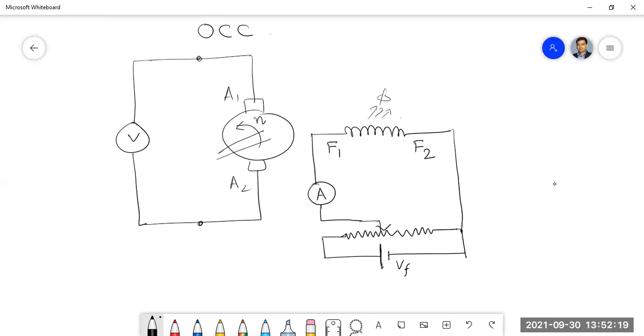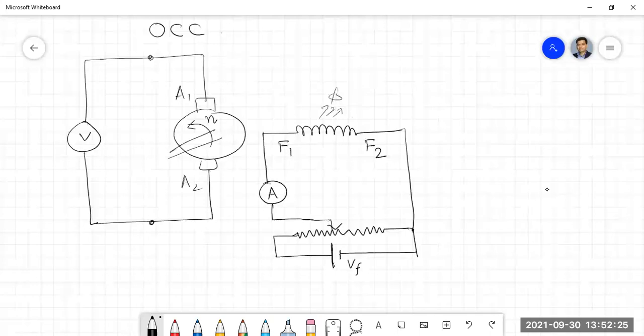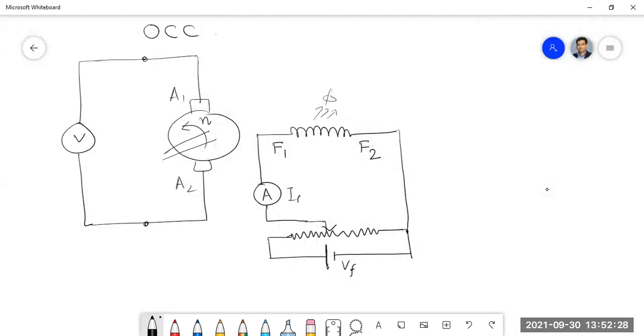Then you just tell me, if we vary the field current, here basically we are varying the field current by changing this rheostat, which is used as a potential divider in this case. If we change the slider of the rheostat, the resistance will vary, so the voltage across this will vary.